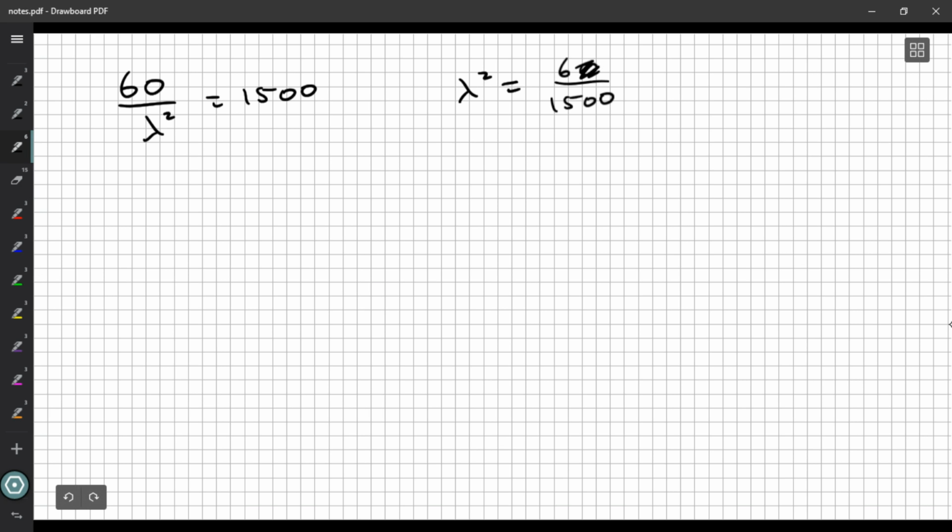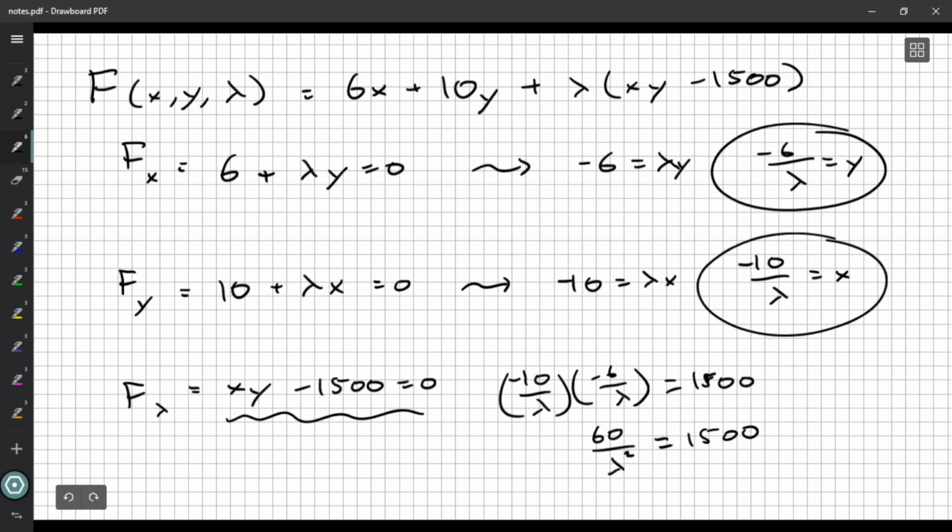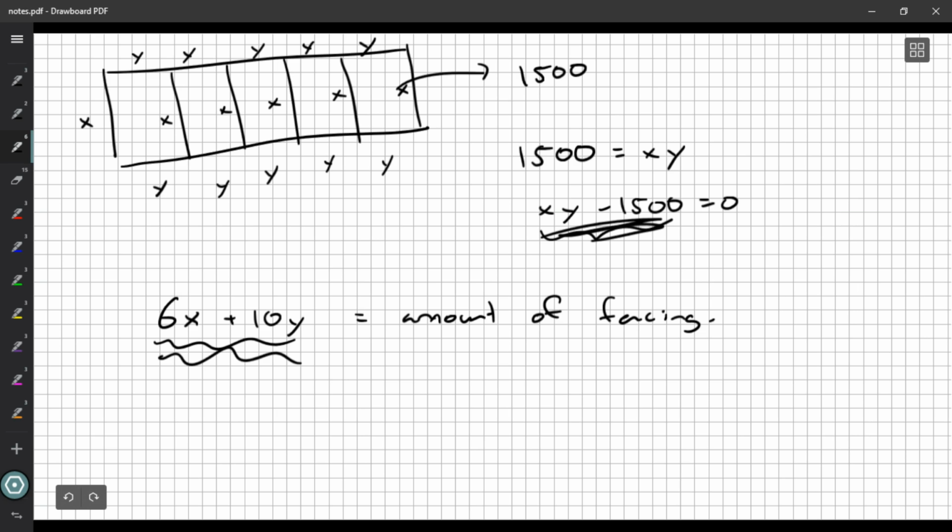We can drop a 0 from both sides, just divide top and bottom by 10. Divide top and bottom by 2, we'll get 3 over 75. Divide top and bottom by 3, we will get 1 over 25. So now it looks like lambda is plus or minus 1/25. So each choice of lambda will then give us different values for x and y, which will give us the dimensions for the corrals. And then we can work out the amount of fencing used.